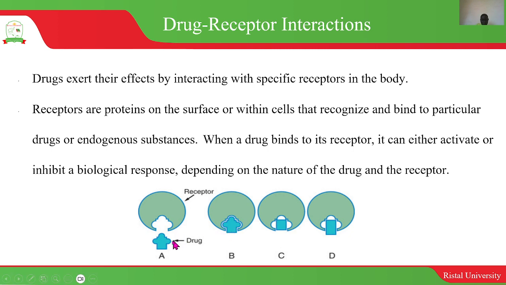So it is like the key and lock hypothesis, where the receptor is the lock and the drug is the key. The drug enters the active binding site in the receptor, and then the receptor produces the desired effect. This effect could be the therapeutic effect, but sometimes we also have some adverse effect.